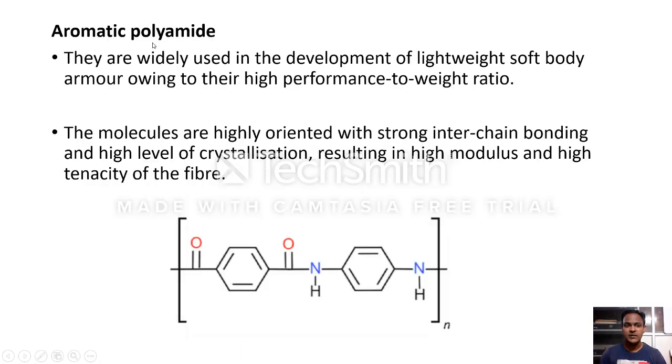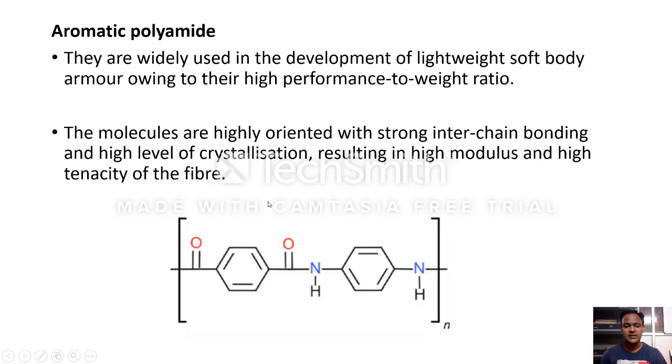When coming down to the fibers, the first fiber is the aromatic polyamide. From the name itself, you can understand aromatic polyamide means aramid fiber. These are the widely used fibers in the development of lightweight, soft body armor owing to their high performance to weight ratio. Aramid means aromatic polyamide, where more than 85% of the amide groups are connected with the benzene rings.